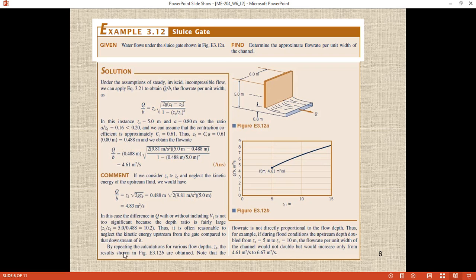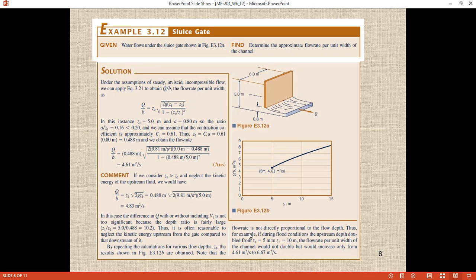By repeating the calculation for various flow depths Z1, the results shown in the figure are obtained. If Z1 is varying with the same outlet, you can see in the graph how the flow is increasing.